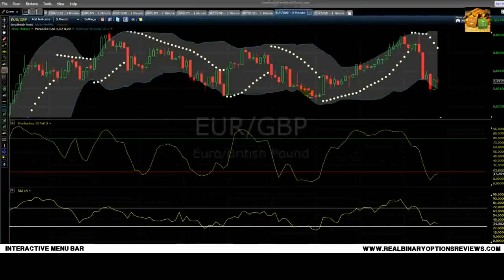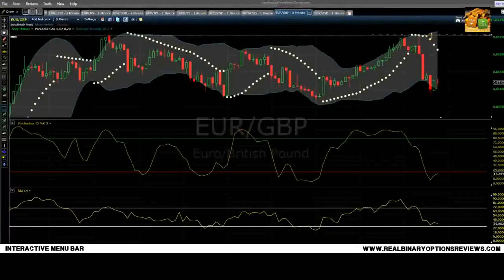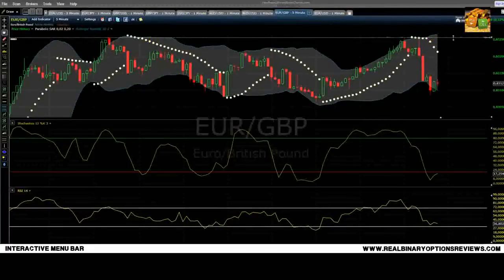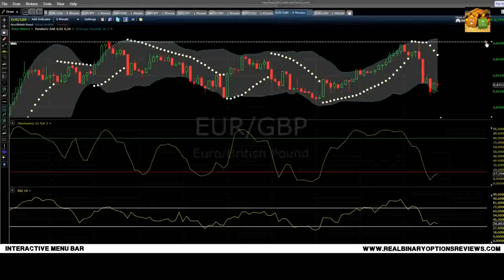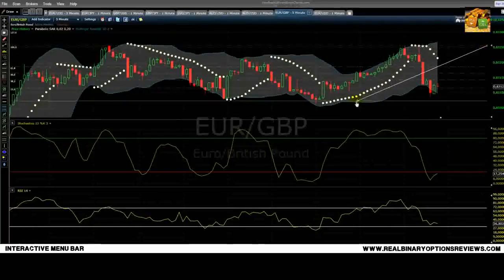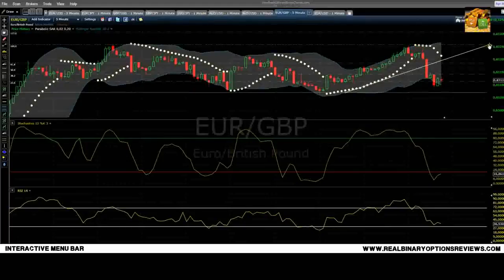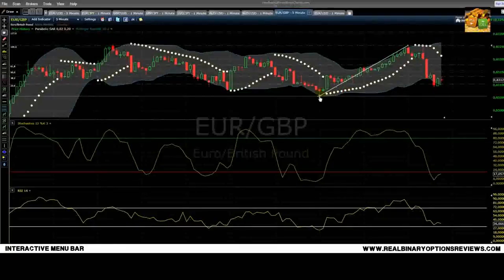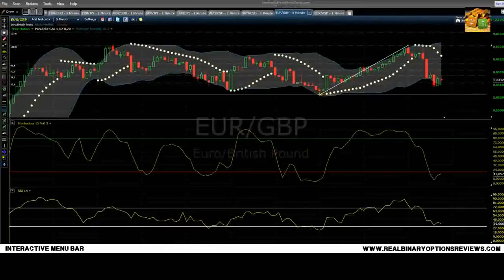So I'm going to measure this last trend. So the highest point of the price was here, and the lowest point of the price was here.